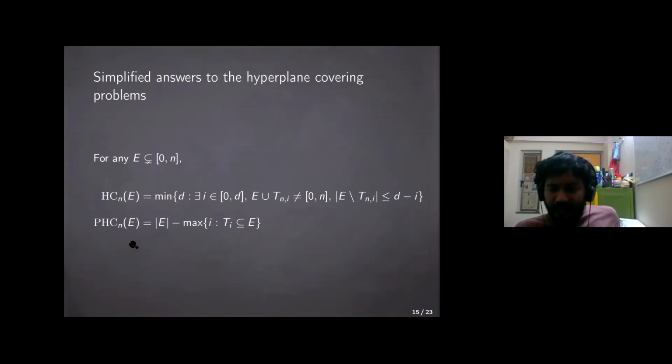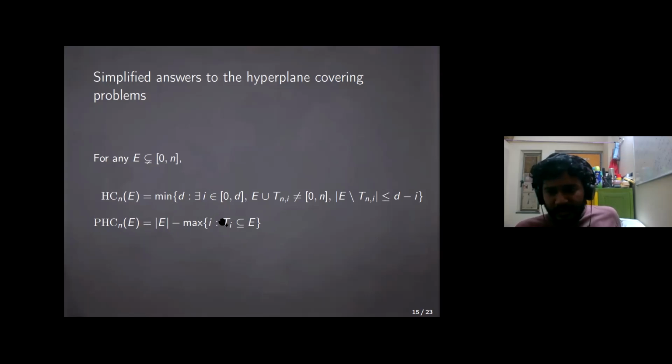And PHC of E is an even nicer characterization. PHC of E is equal to the size of E minus the max of I such that Ti is contained in E. So probably HCN is a little more mysterious in terms of the characterization. I really couldn't simplify it any further, but PHC is just beautiful.